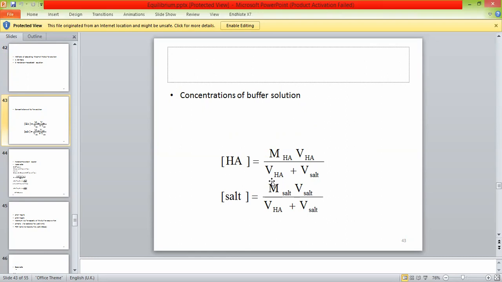Then the salt is equal to the molarity of the salt times the volume of the salt, divided by the total volume. Number of moles is equal to concentration times volume. If you divide the number of moles by the total volume, what you get is the concentration. That's just what this is representing here. Nothing difficult or something you've not seen.